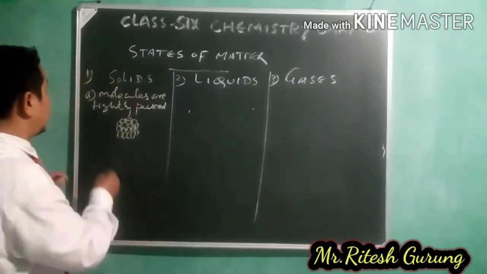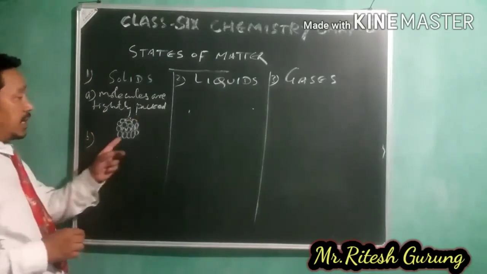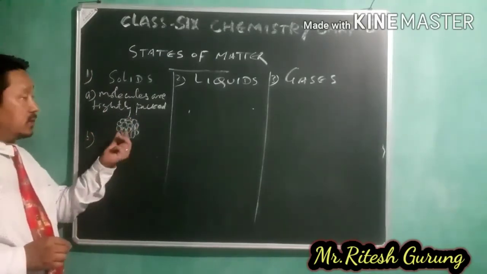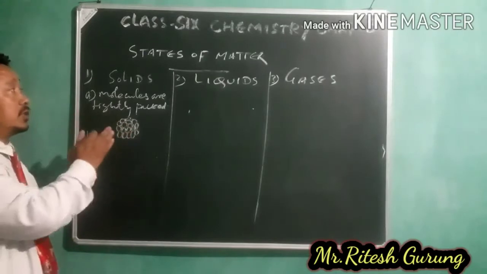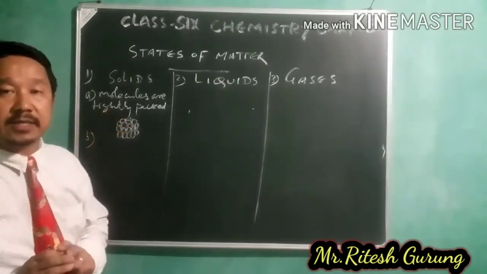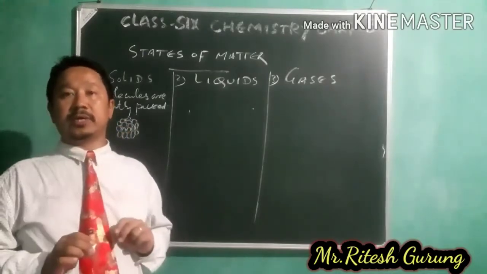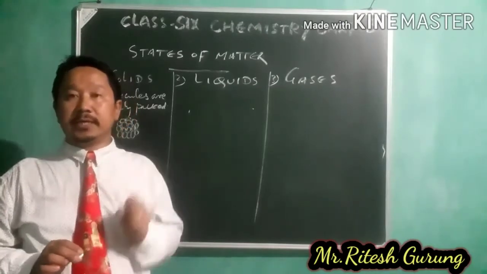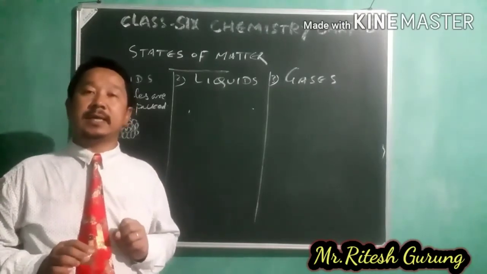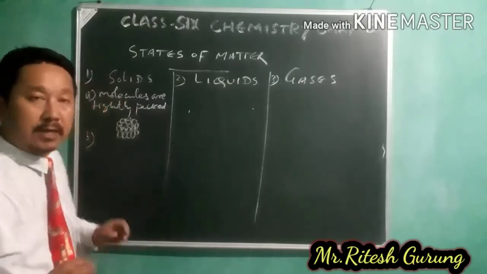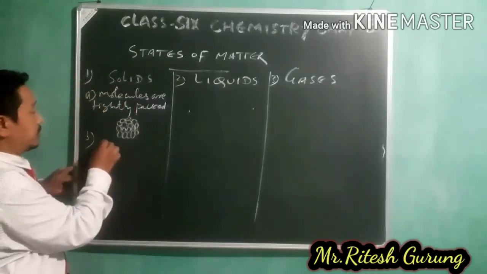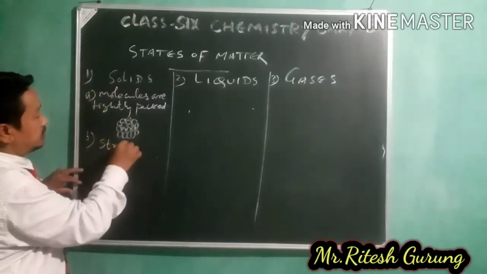I've drawn the particles being arranged here in the solid. This is how the particles of solids are arranged. Number 2, the intermolecular force of attraction is the strongest here.